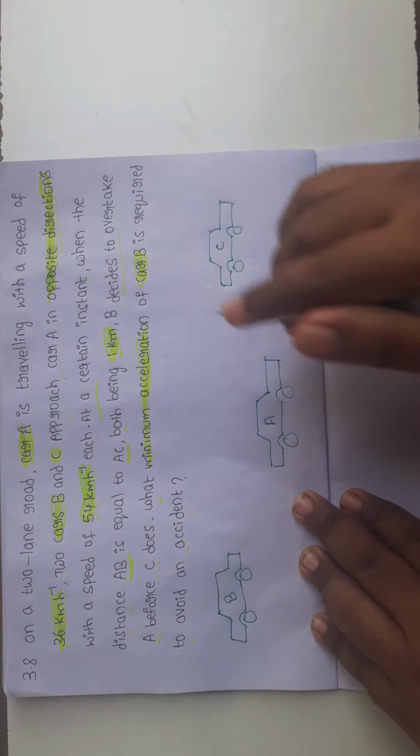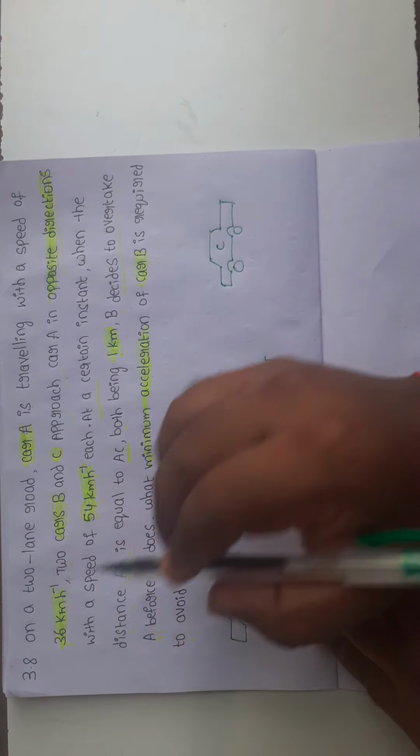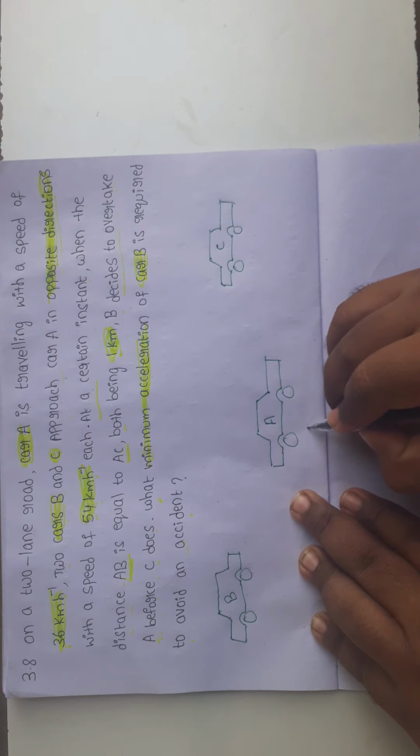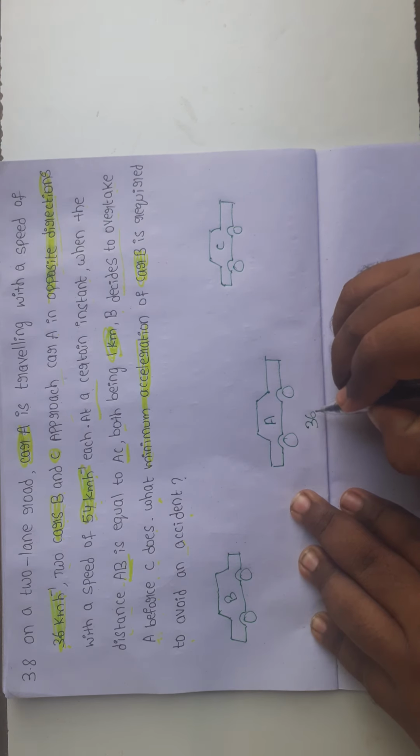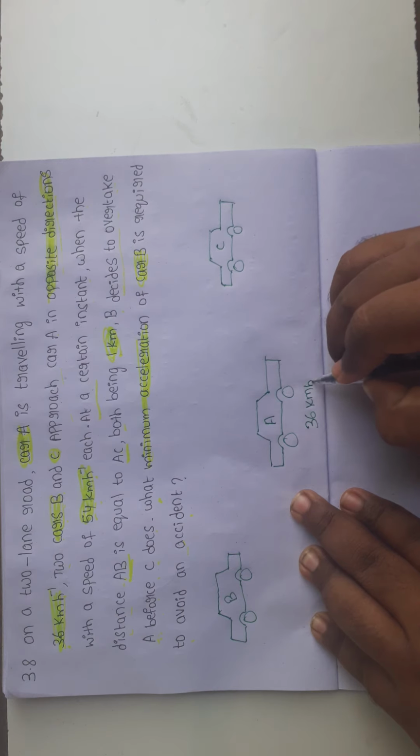The speed of car A is 36 km per hour, which means the velocity of car A is 36 km per hour.